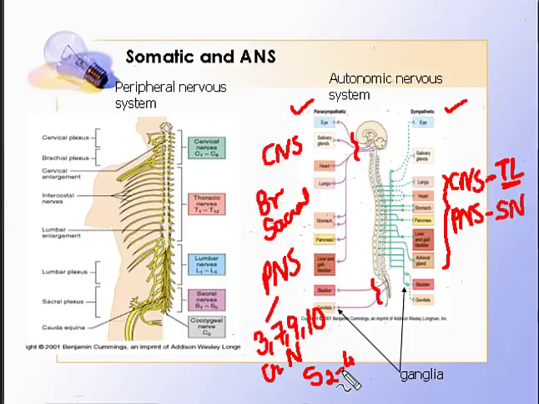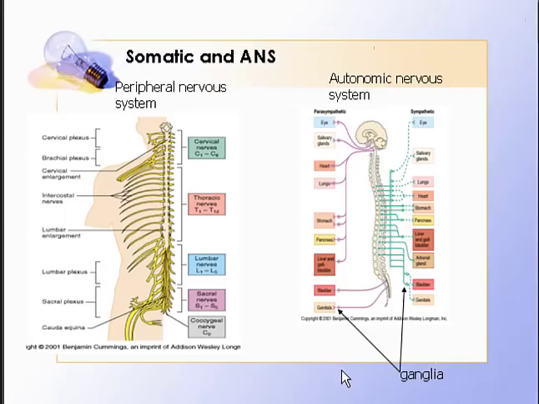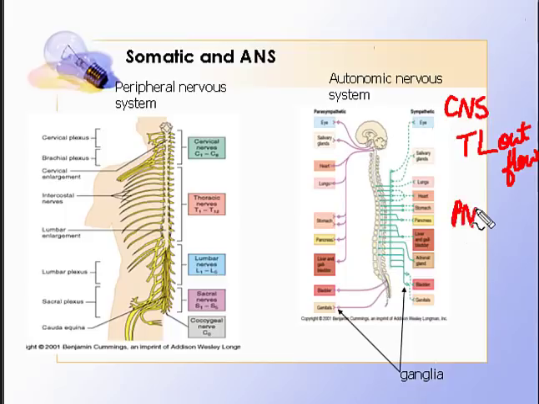So if we were to review this again, we would say that the sympathetic nervous system, its central nervous component, is called the thoracolumbar outflow, because that's where it originates. And its peripheral nervous system is through all the spinal nerves, all the 31 pairs of spinal nerves.